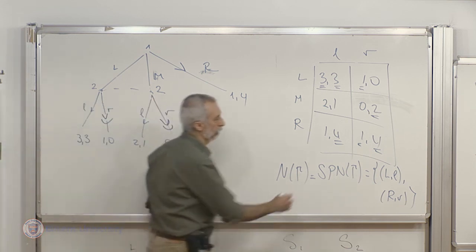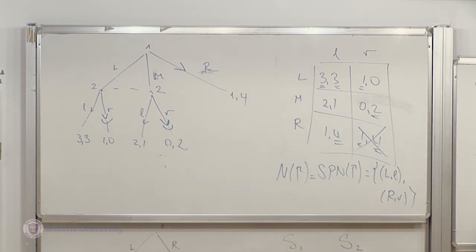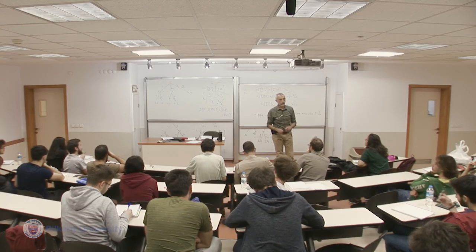So this Nash solution is not a reasonable Nash solution. Okay? Why?